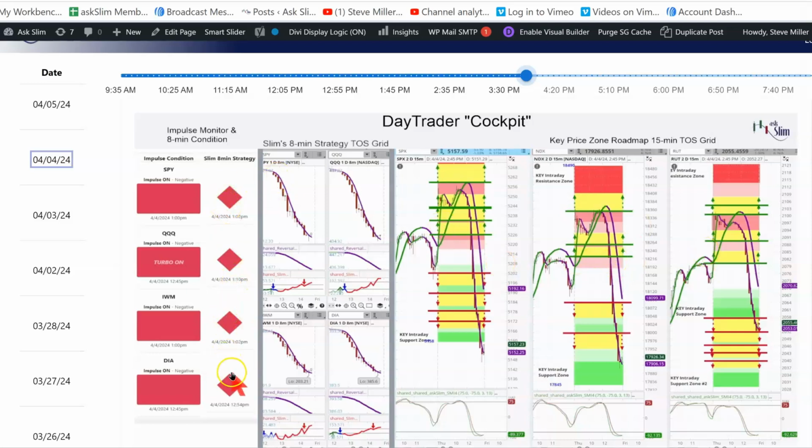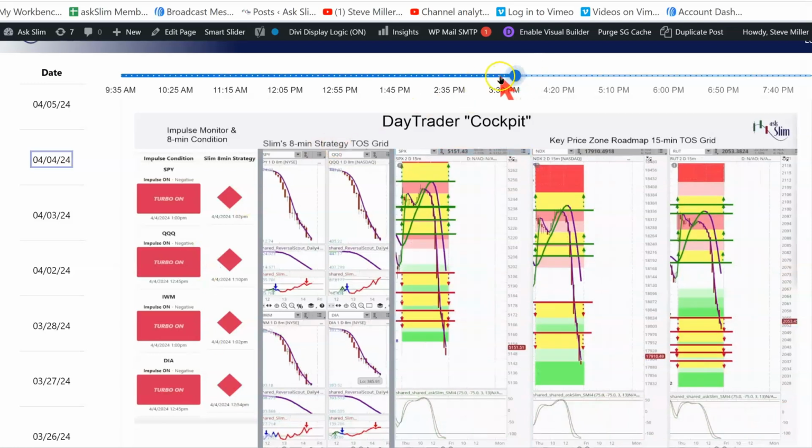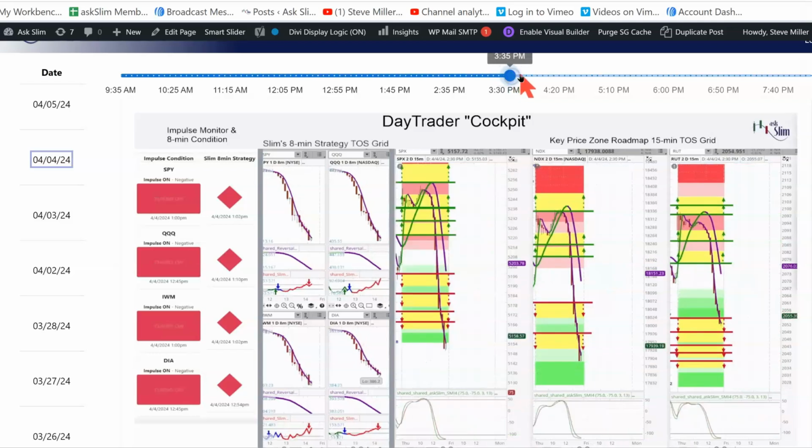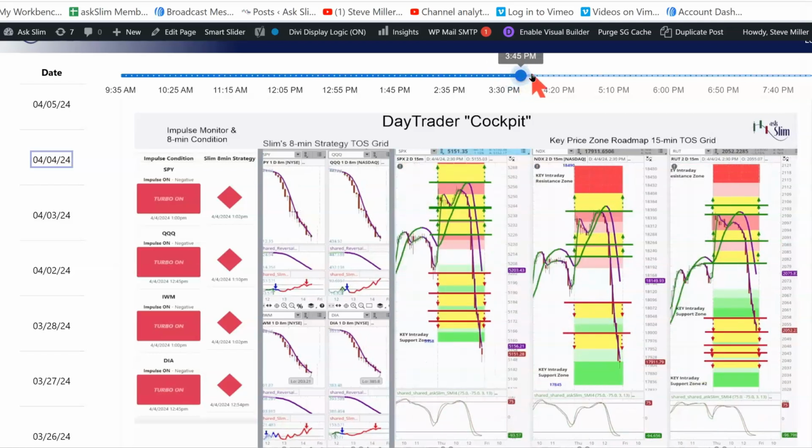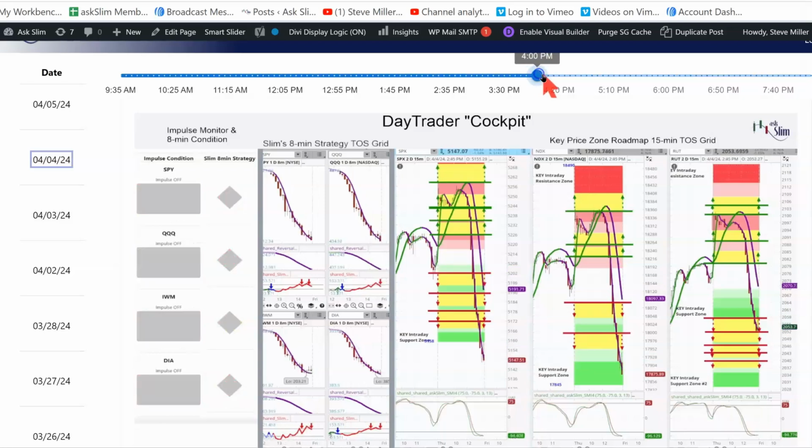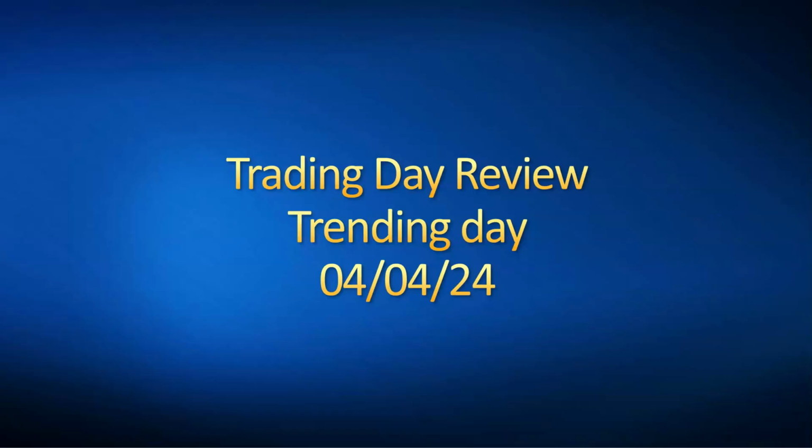The 8-minute strategies kept keeping you in the short side trade, and then turbo going on or off in here, but basically the impulse monitor being negative through that whole period, and then waves of selling as the turbo goes back on again, giving you a good indication right over there through the close. And again, a momentum day on the downside that caught an enormous trade as this was giving you that great information.